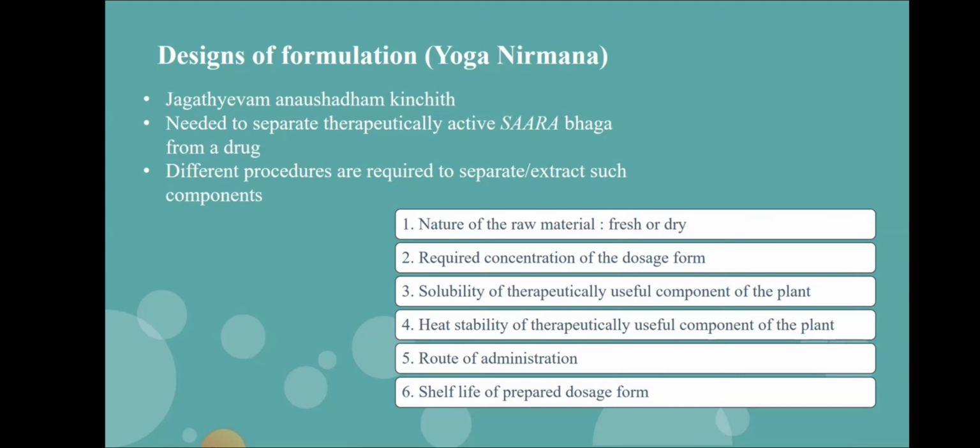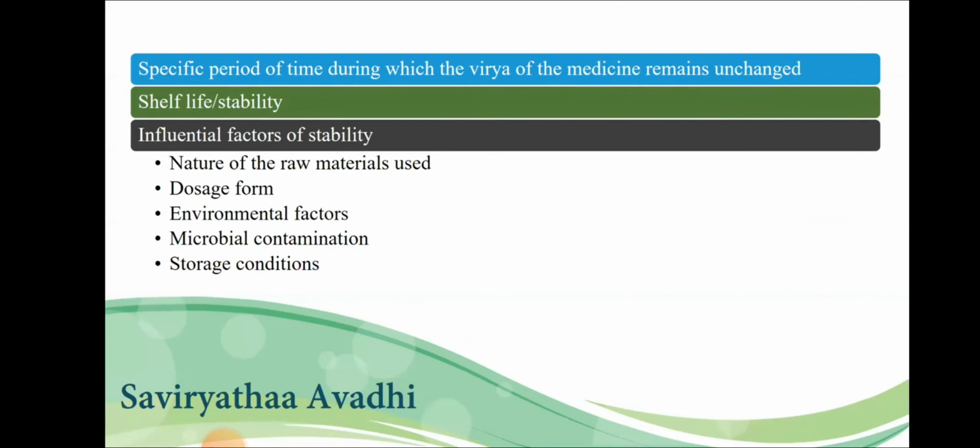Third is the solubility of the therapeutically useful component of the plant. Next is the heat stability of the therapeutically useful component of the plant. Fifth is the route of administration. And last is the shelf life of the prepared dosage form. These are the factors you have to keep in mind while designing a formulation.